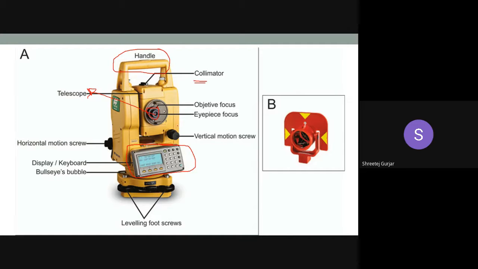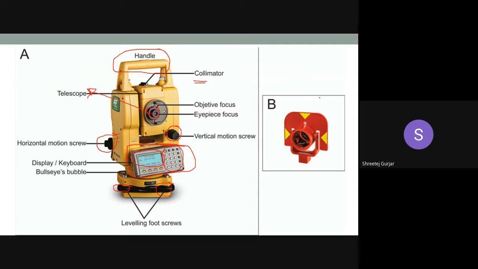Then this is the vertical motion screw, the vertical clamping screw, which we also have in the theodolite. Similarly, we have a horizontal clamping screw over here, and these are the leveling screws. As in the theodolite, 3 leveling screws are present, 3 foot screws. And this display shows you various other details, along with the keypad. So these are the various parts of a total station.